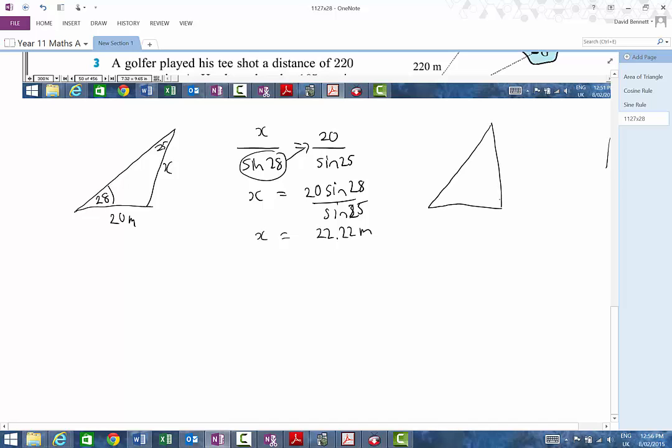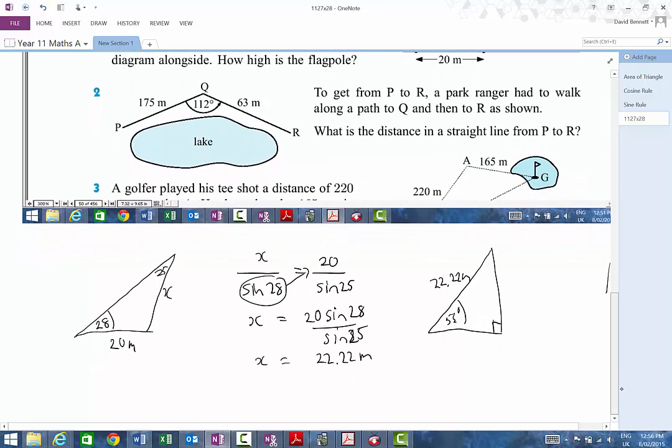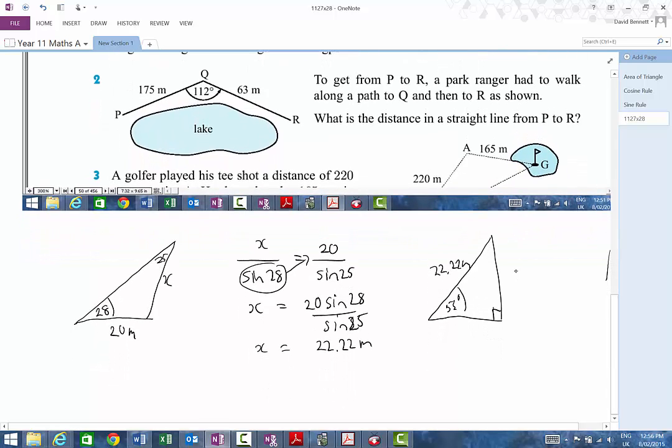This is a right angle. You know this side over here is 22.22 metres. And this angle in the bottom there, if I remember, that's 53. Okay, so that's 53 degrees. And just doing the next part of that, so if we think about this side here, we want to find the height. So therefore that there is the opposite side, and this is the hypotenuse.